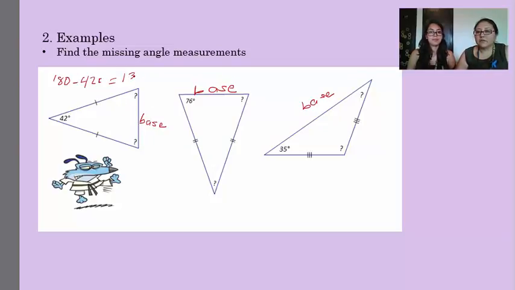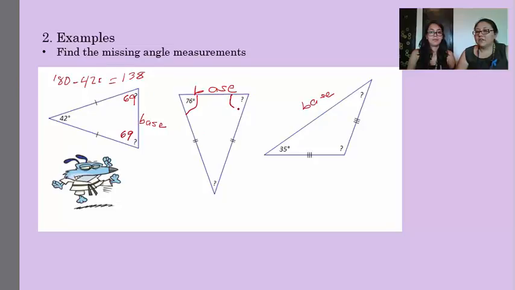We divide 138 by 2 and we get 69, and we're dividing by 2 because these two angles are congruent. And then we have the base here, 76.